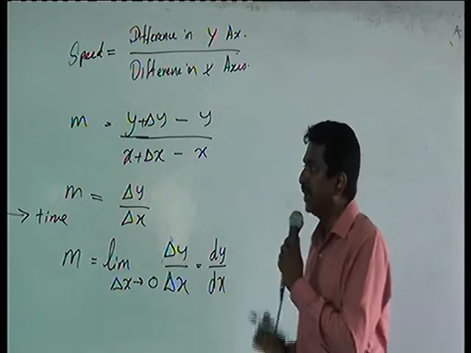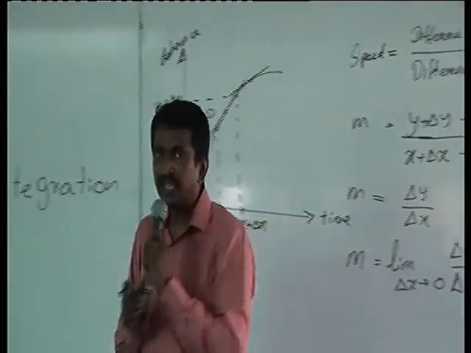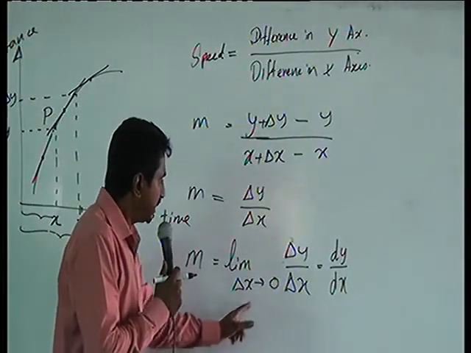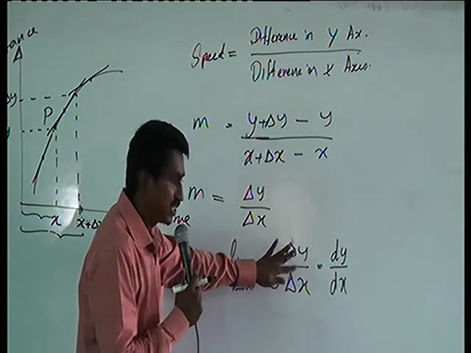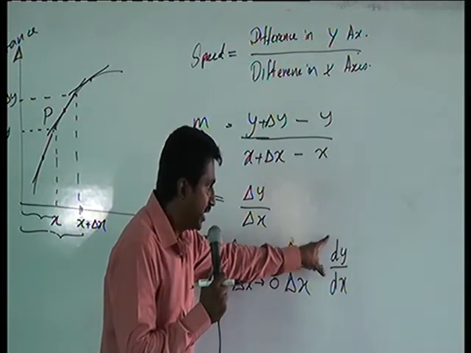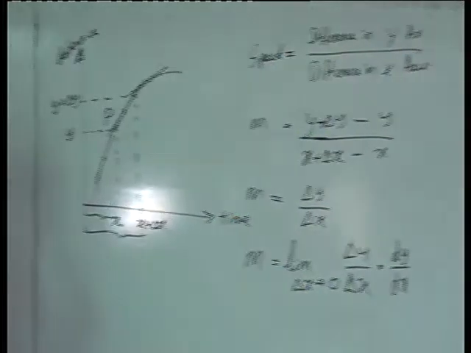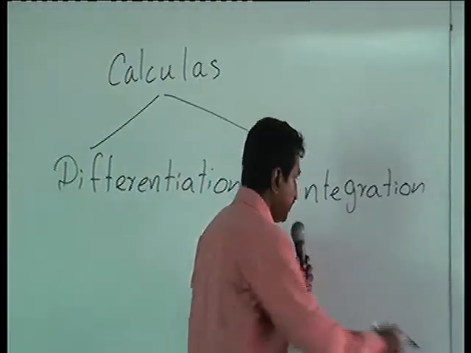What is important is the gradient. We are going to find the gradient by using differentiation. So the gradient m is the limit as delta x goes to 0 of delta y divided by delta x. We denote this by a special name, dy by dx, pronounced dy by dx. So now we are going to do real calculations, see real mathematics questions, okay?